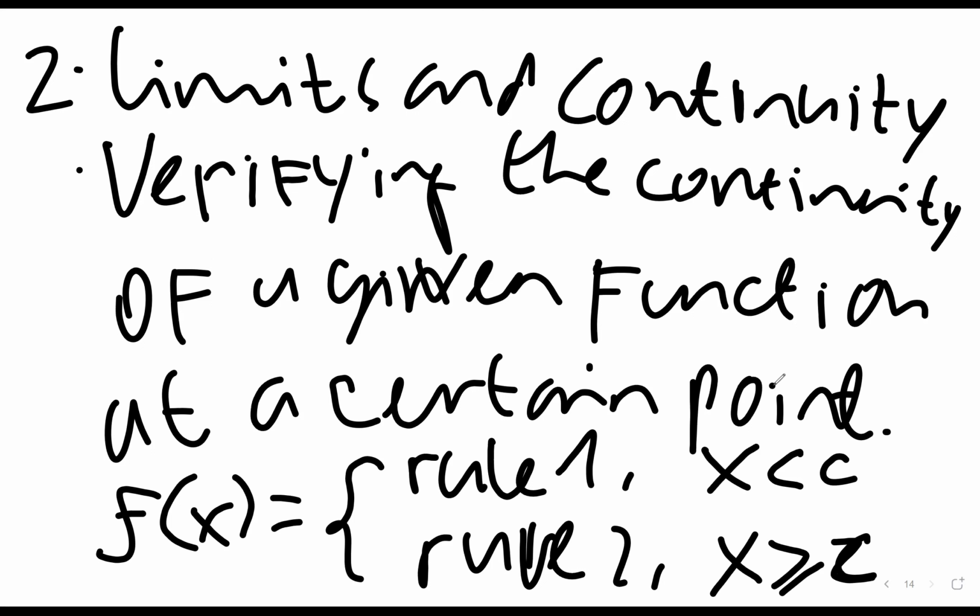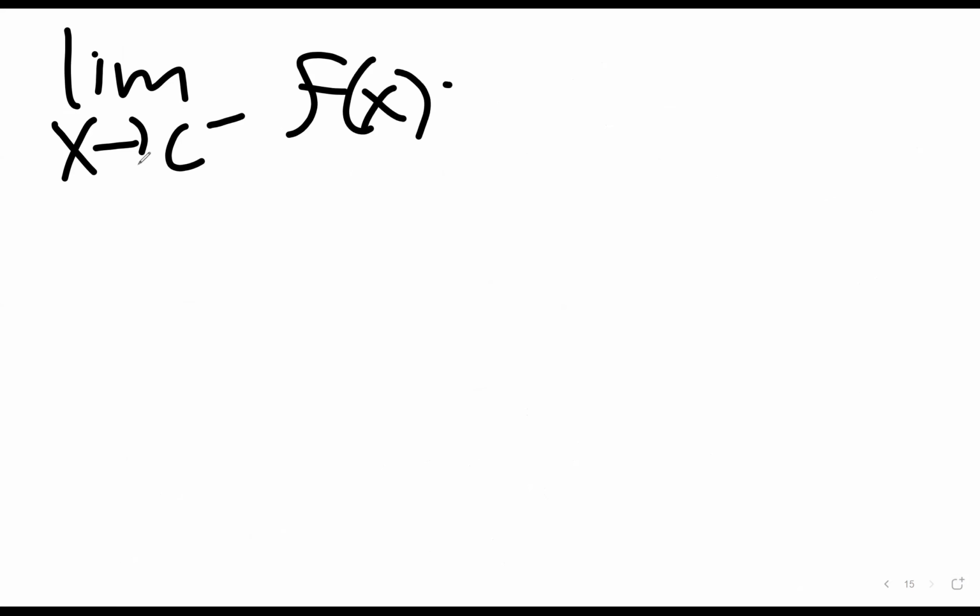Then the question is to verify the continuity of the function at x equals c. In that case, what should you do? You have to check the limit as x tends to c from the left of f of x.